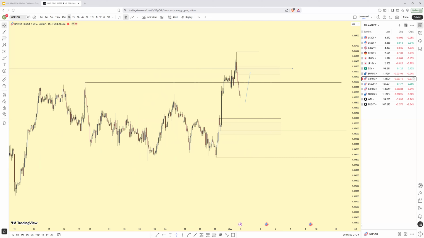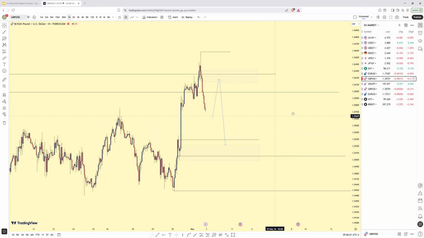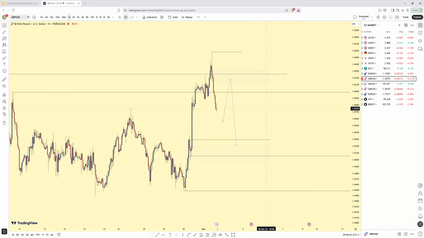Then perhaps we could have a sell into this area for pound USD. So this is my view in accordance with the macro, except there are any changes. If we have any change, definitely we'll say that on the channel.